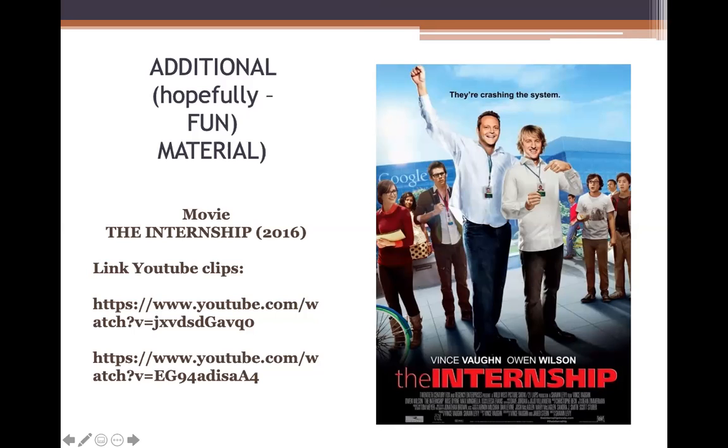It starred Vince Vaughn and Owen Wilson, and this is one of the movies that actually had an official cooperation with Google. So you can click on these 2 YouTube links. I think these 2 clips are funny ones. They show funny scenes from the movie. But my purpose of showing you these two clips is to show you the system development life cycle in real life.